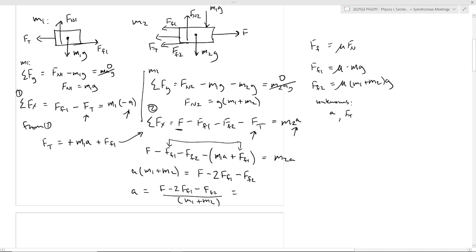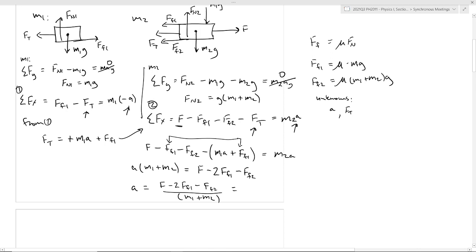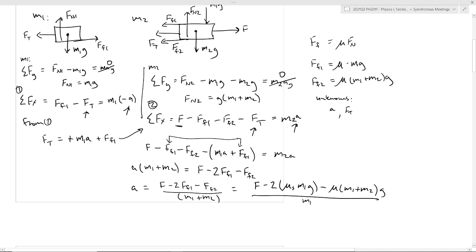Let's see here. So this will be F minus 2 times mu, we're talking about the static friction case first, times m1g minus mu times m1 plus m2 g, all over the sum of the masses.